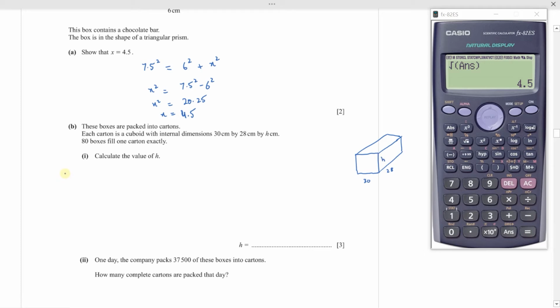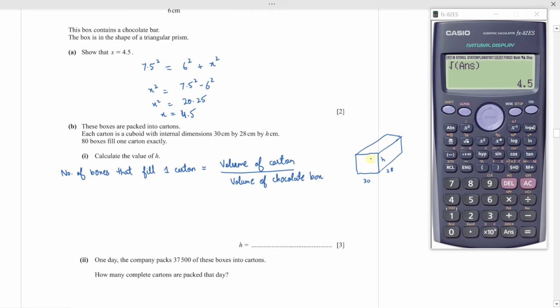So we can calculate that the number of boxes that fill one carton will equal the volume of carton divided by the volume of the chocolate box.